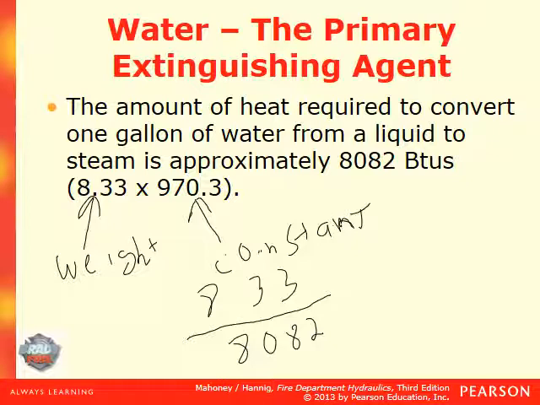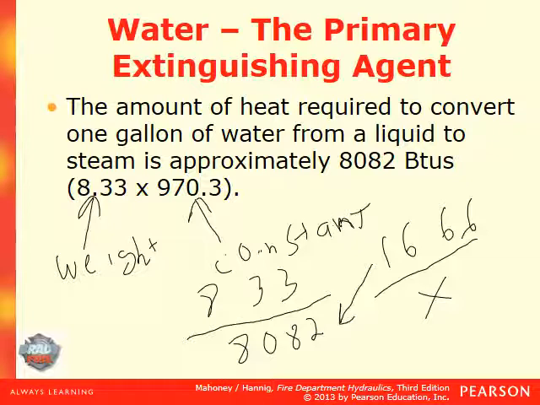And if we know that 1 gallon of water weighs 8.33, then we times that by 2, we know that our new weight is going to be 16.66. And we put that over x, because this is going to be our unknown, because we're trying to figure out how many BTUs. So 16.66, and all we're doing is cross multiplying, times our constant 8,082, divided by 8.33 will give us our answer.